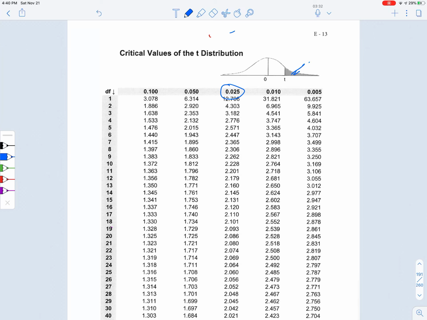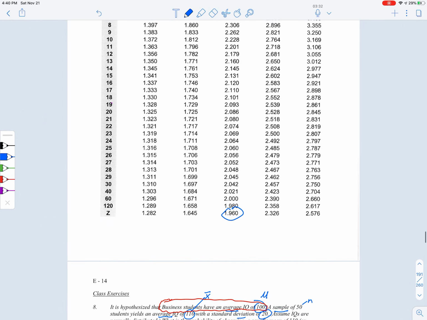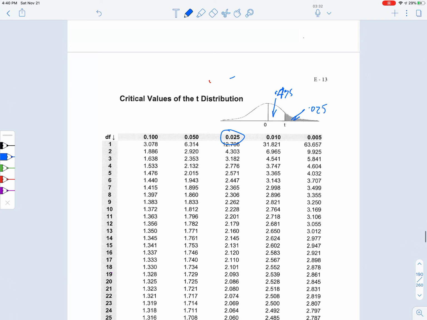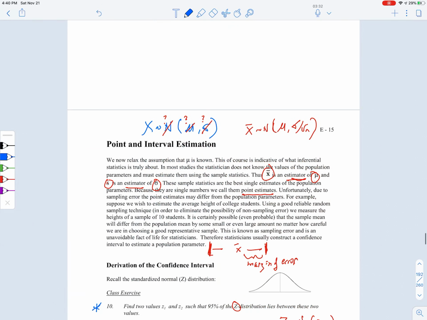Remember, a t-table is giving you this area here, 2.5%. That would leave you with 47.5% here. So you end up with the same, as the last line of the t-table gives you Z values. And these are common values that we'll use in confidence intervals: 2.5%, 1%, 0.5%, 5%, 10% in the tails. You'll see how that works in a moment here.